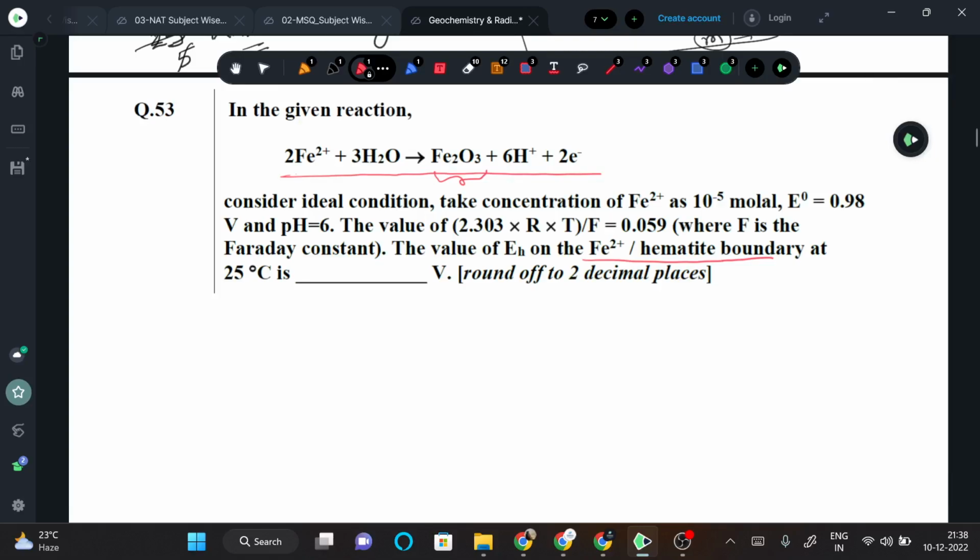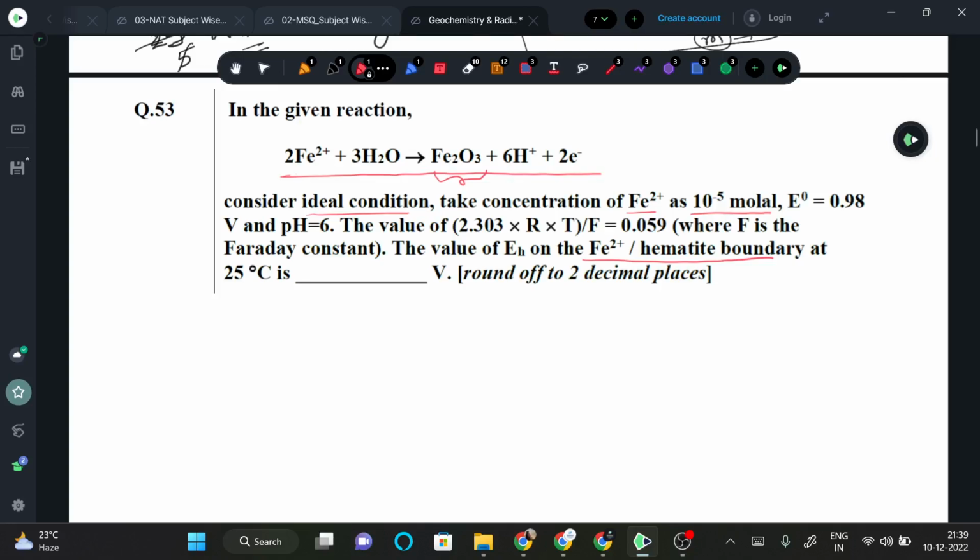So let's first have a look at the question. Consider ideal condition. Take concentration of Fe2+ as 10 to the power minus 5 molal. Molal is, there is a molar concentration and there is a molal concentration. Molal is taken out of the weight of the solvent directly, and in molar we take it out of the volume of the solution.